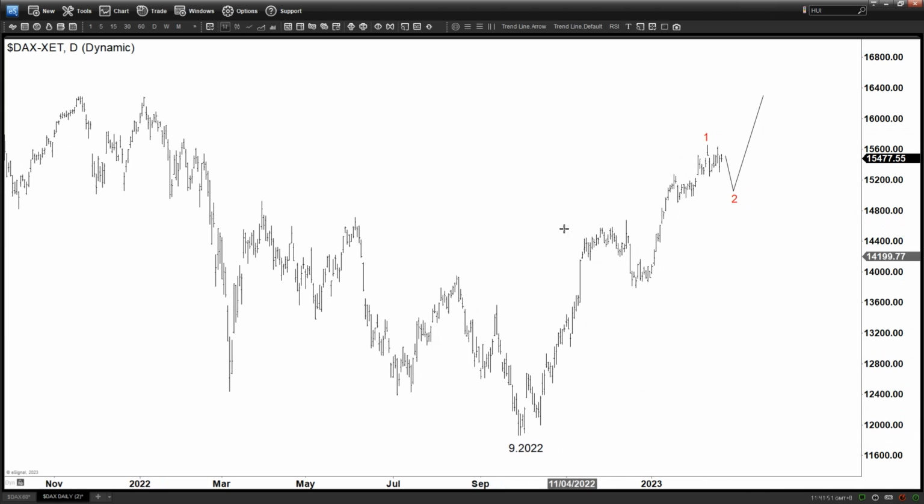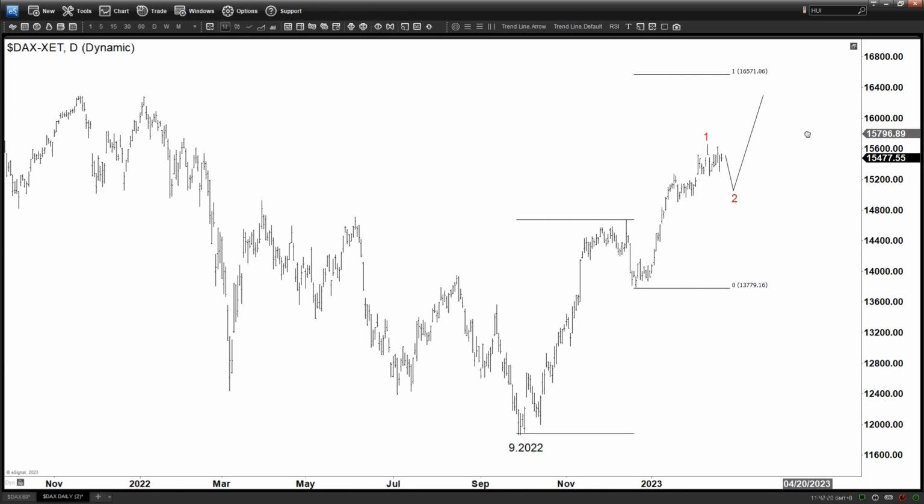And if I just do a simple projection, now from here, this is the main swing. This can be counted as one swing because it looks to be one cycle, the same cycle. And then this is another cycle, right? So you can see right here we got a sequence of a higher high, and the 100% extension is 16,571, which is not yet reached.